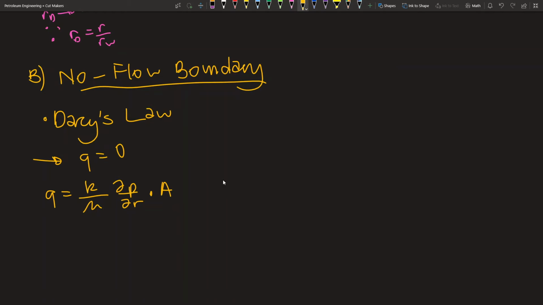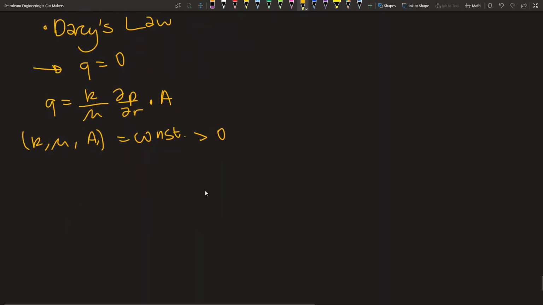And also recall that k, mu, the area, and also the flow rate are all constants, and they are all positive. Therefore, the only term that can be 0 is dP over dr is equal to 0.